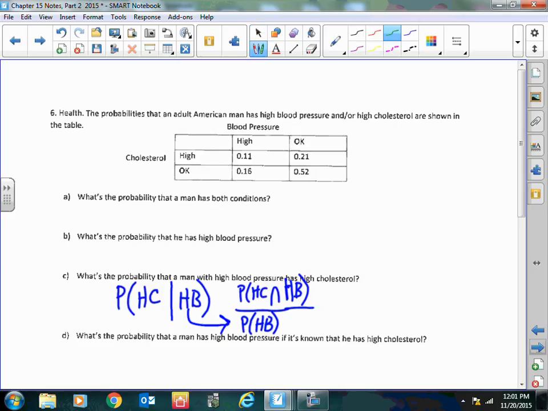So, in other words, this means 11% of the American men had both high blood pressure and high cholesterol. These 21% here would have what? High cholesterol, but okay blood pressure. That's how you read that.